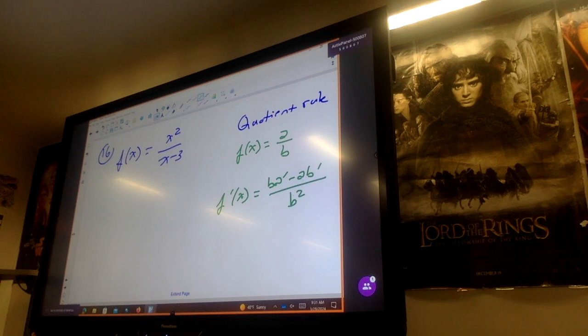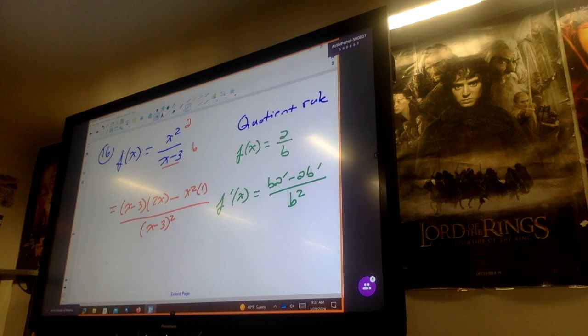Very good. Okay, so on this problem, that's my A, that's my B. So B, x minus 3, times A prime, the derivative of x squared is 2x, minus x squared times B prime. What's the derivative of that bottom? 1. And then all over x minus 3 quantity squared.